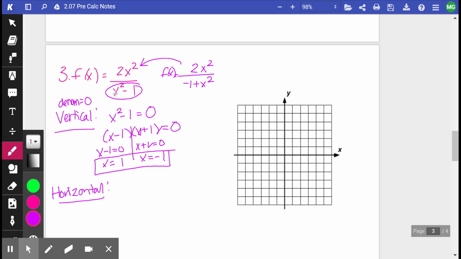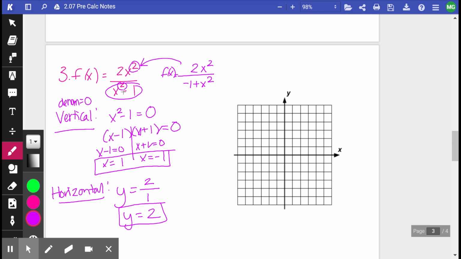So now we look at our highest exponent. It's a 2 on the top, a 2 on the bottom. Whenever they're the same, you take the coefficients. So we take the coefficient of the top, which is a 2, and the coefficient of x squared on the bottom, which is a 1. So y equals 2 is your horizontal asymptote.